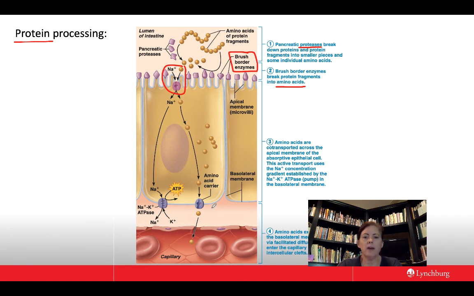And then we have a membrane-bound protein transporter that's going to carry our amino acid across the basolateral membrane of the cell, and that's going to happen through facilitated diffusion. So those amino acids are going to travel down their concentration gradient, but it's facilitated diffusion, so it does need a carrier in order for that to happen. And then those amino acids are going to travel right in between that intercellular cleft and right on into the capillary.